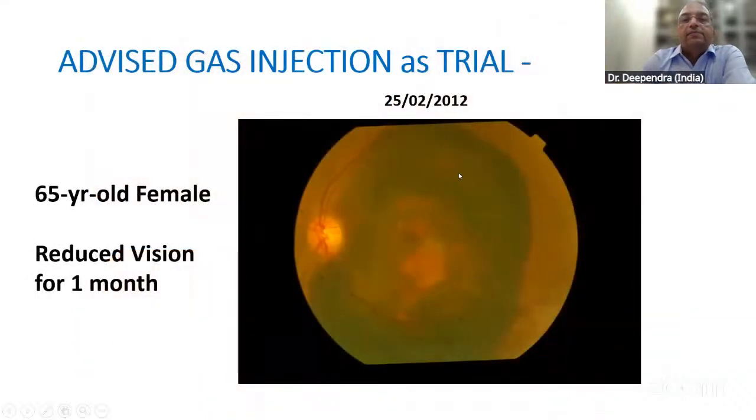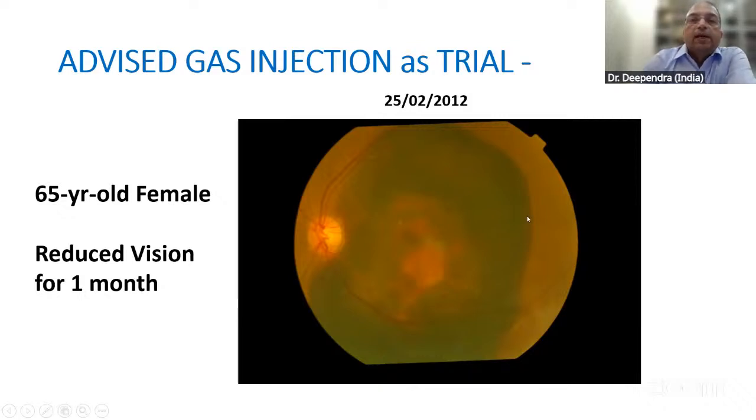But this was probably one of the most interesting cases, which actually changed my approach to managing these submacular hemorrhages. This was almost a 1 month old large submacular hemorrhage, and this lady insisted that I do something. And in those days we were not doing too many subretinal injections.